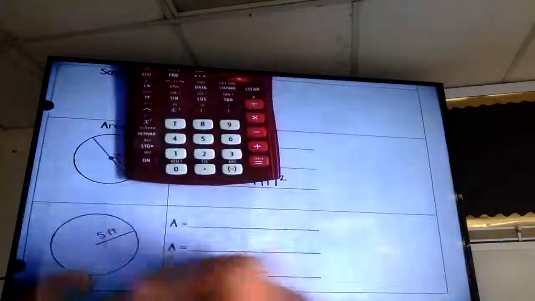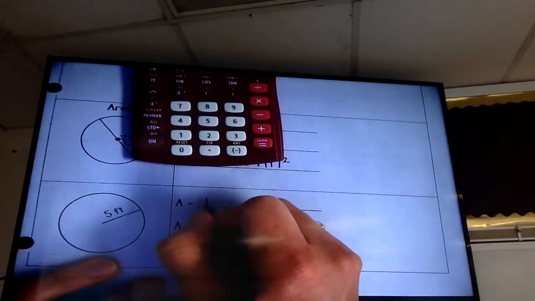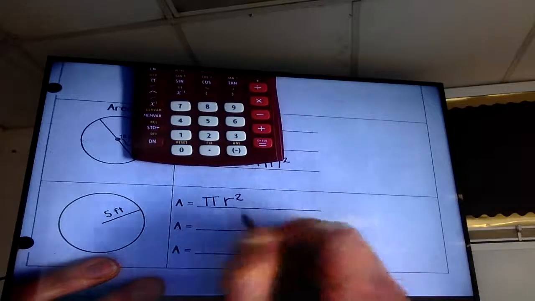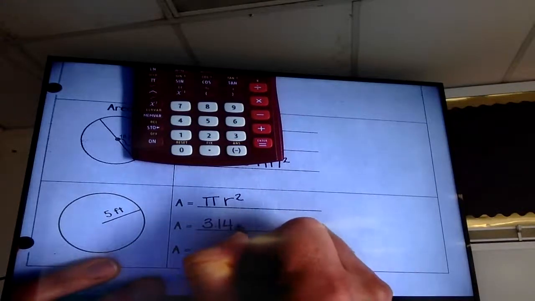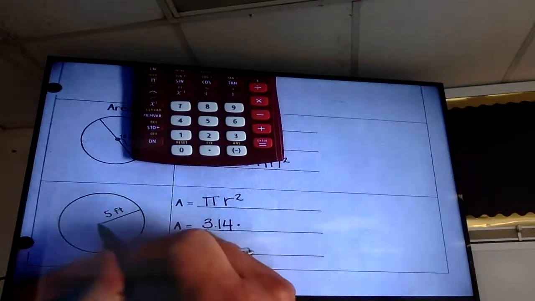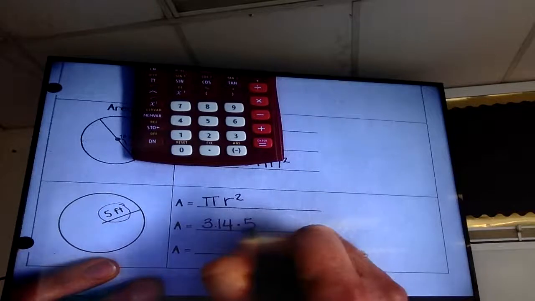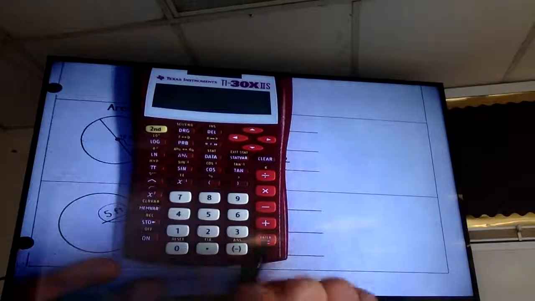All right, so let's try another one. Here's my circle. I'm finding the area. Area equals pi r squared. Pi I'm going to replace with 3.14 times the radius. Radius is halfway across my circle, and that's been given to me. So I'm going to say 5 squared. Sometimes you can just do the squared part in your head.